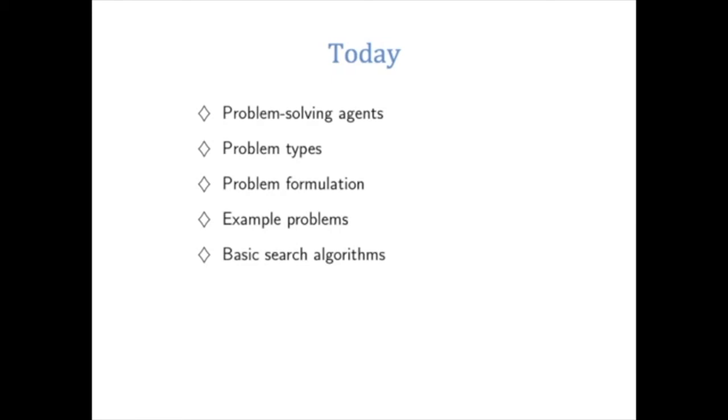And then we'll start looking at some of the basic search algorithms. Today we'll start with breadth-first search, and for the next class we'll pick up with the other kinds of basic search algorithms.